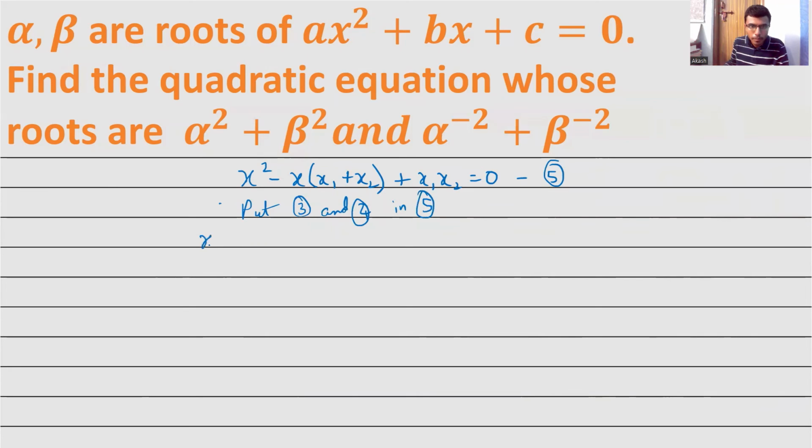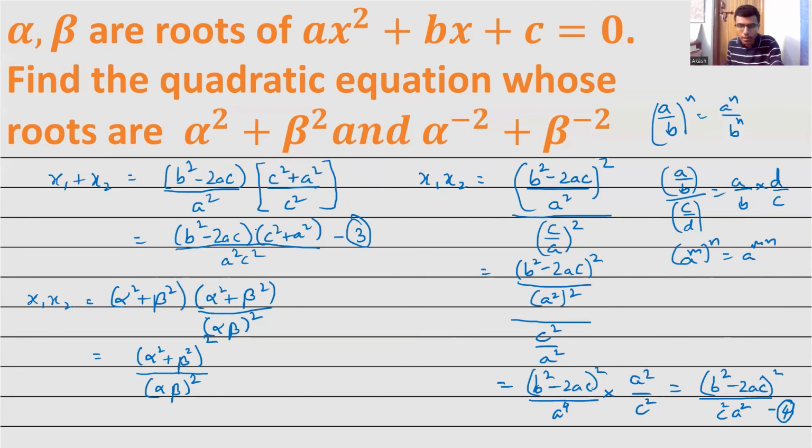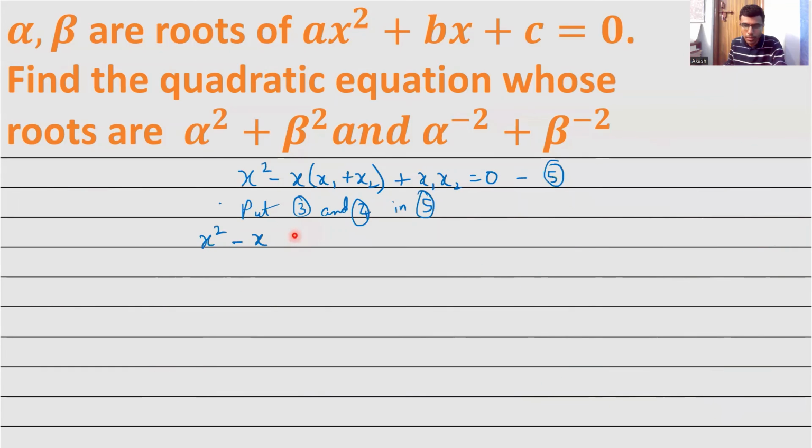So I'd get x square minus x into, what is x1 plus x2? b square minus 2ac into c square plus a square by a square c square, plus what did we get?